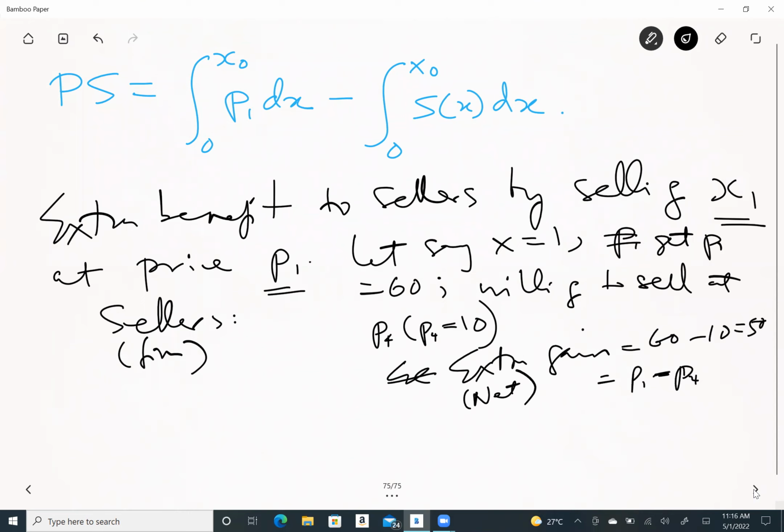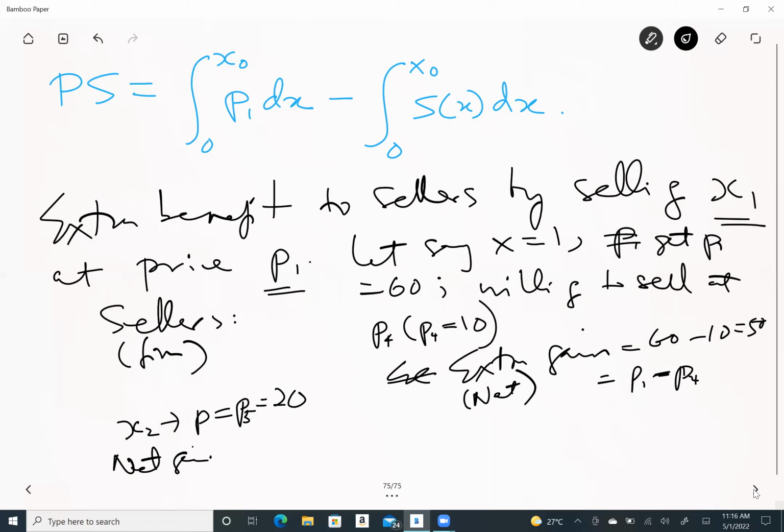So happy. All right. Similarly, if you look at X equal to 2, I'm willing to sell at P5, say equal to 20. But how much do I get? I get paid 60. So what is my net gain?